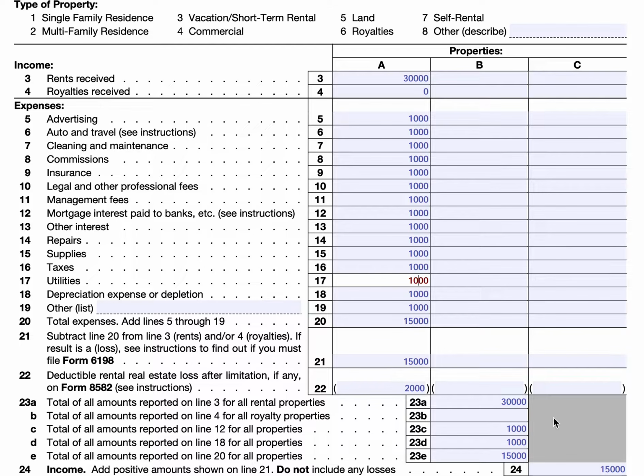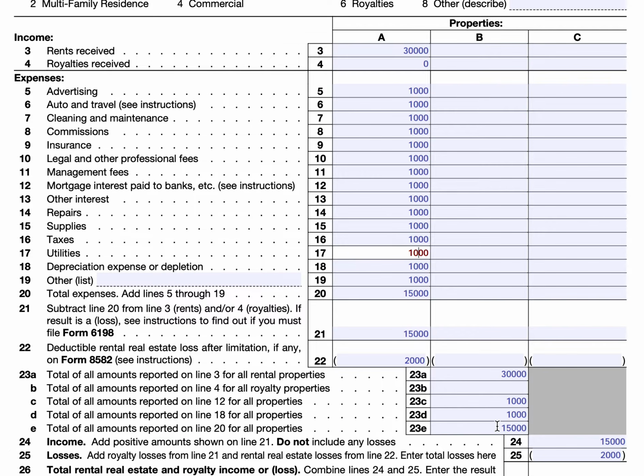So in line 23, we're going to report all rental income on 23A, all royalty income on 23B. And again, all of these are fairly summarized because we're only using one column. For line 12, that is the mortgage interest to financial institutions for all properties.